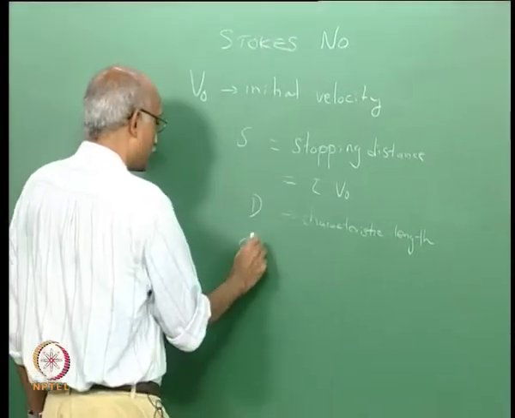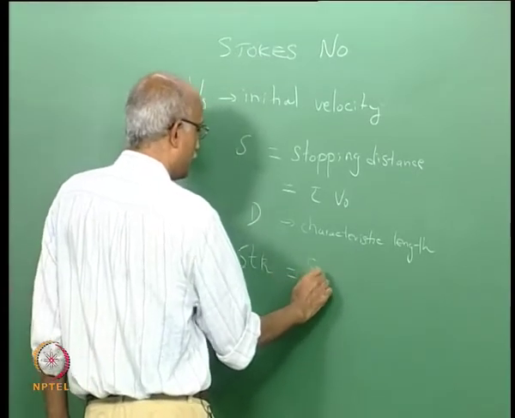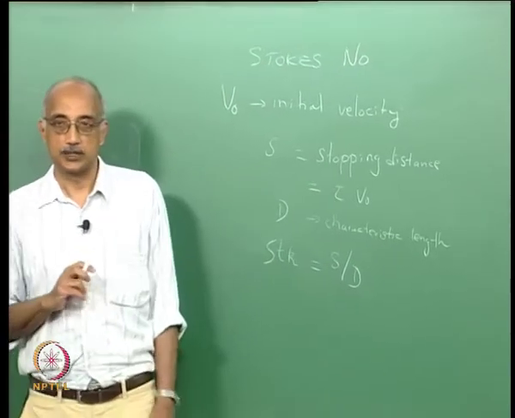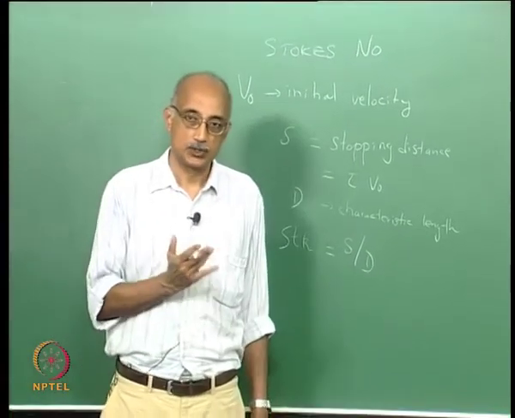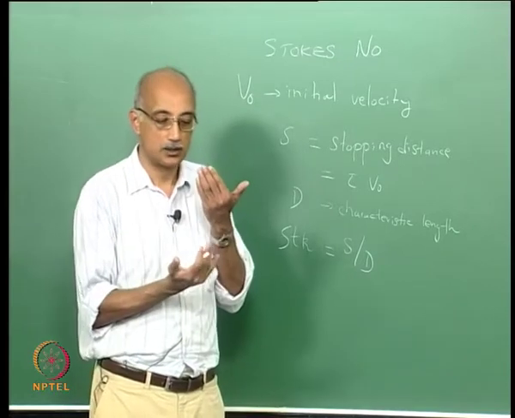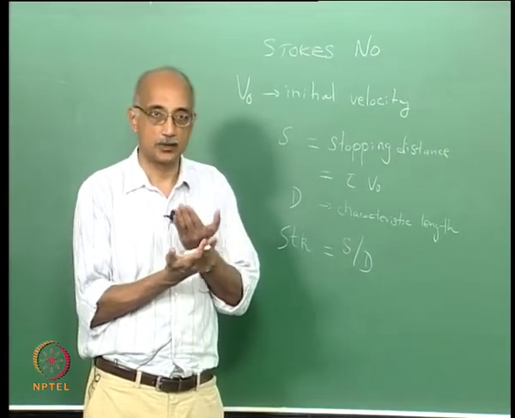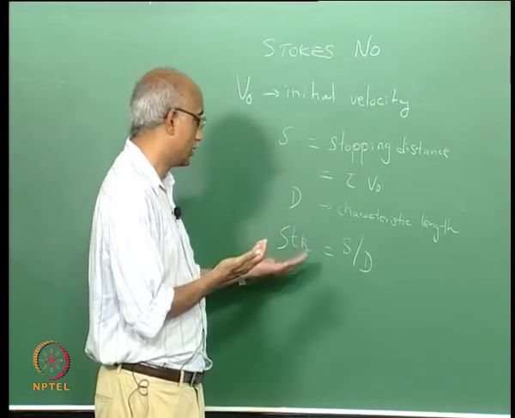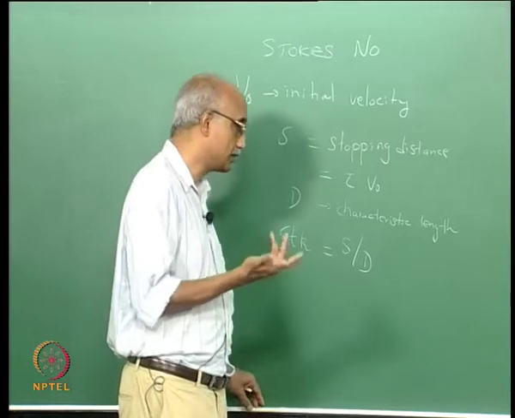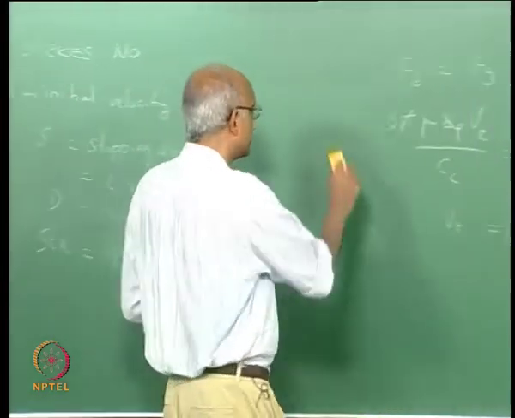The definition of Stokes number is simply s over d. It is the ratio of the stopping distance of the particle to a characteristic dimension of the surface which is causing the particle to come to a stop. Now in terms of the Stokes number then, what is the physical meaning of the Stokes number?